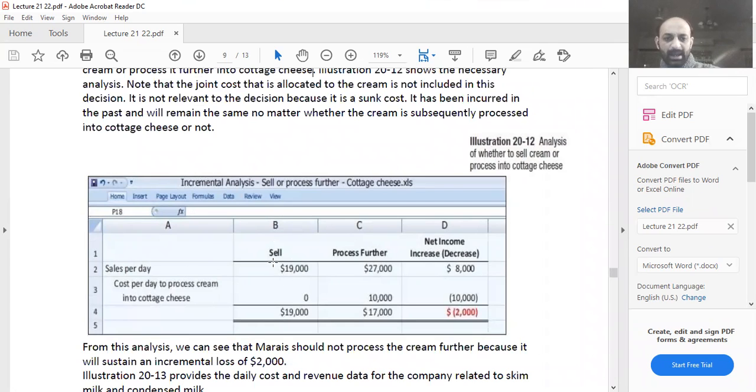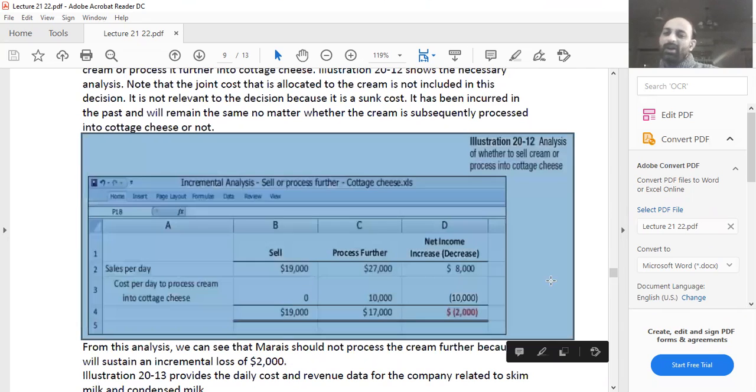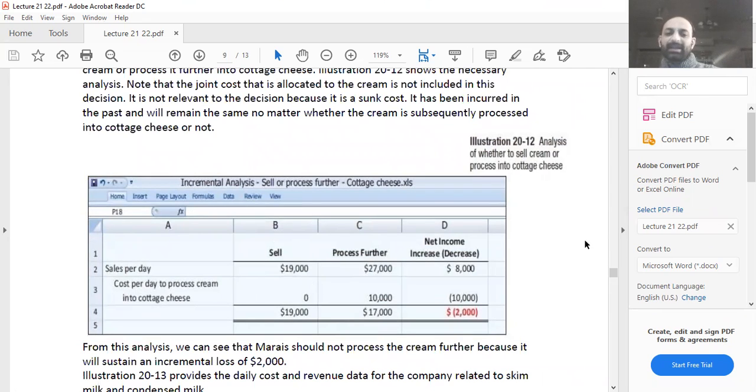The sales per day are 19,000 for cream and 27,000 for cottage cheese. The cost per day to process cream into cottage cheese is nil. Why? Because that is already a sunk cost, so we will not consider the sunk cost when doing the incremental analysis.